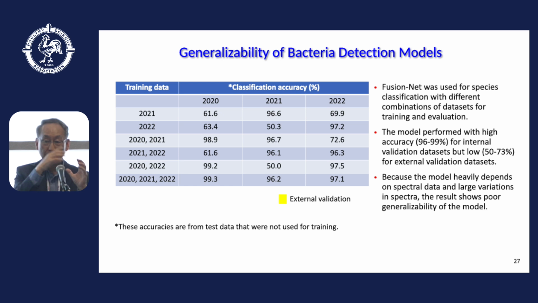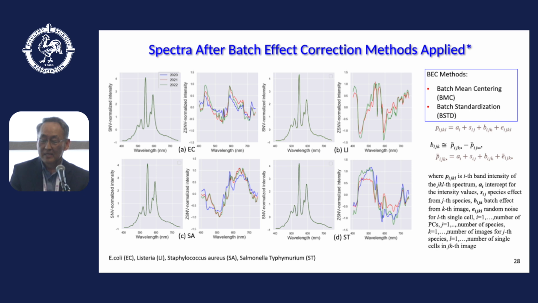However, if we apply it to a different year, 2020 or 2022, you see the accuracy drops to almost 61%, very low. That means each year's data has some kind of bias. So bias correction is very important in this case. We applied the BC method called batch mean centering or batch standardization algorithm.